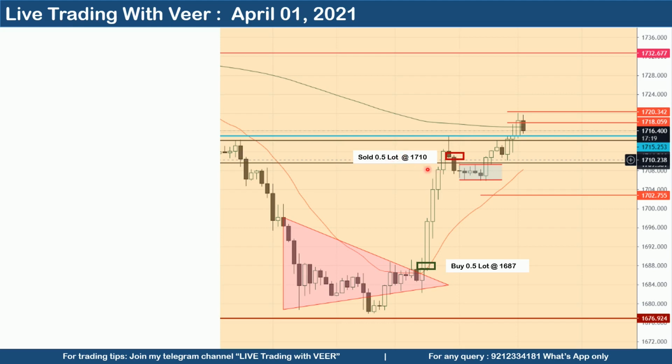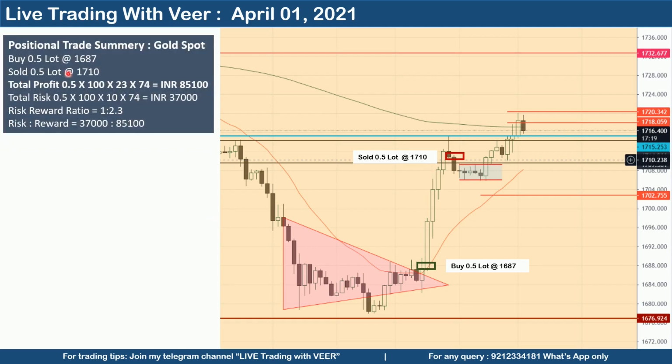During this trade, as I have already told you, I earned around 85,100 rupees. In dollars this was around 625 dollars. Good risk and reward ratio, very good trade.